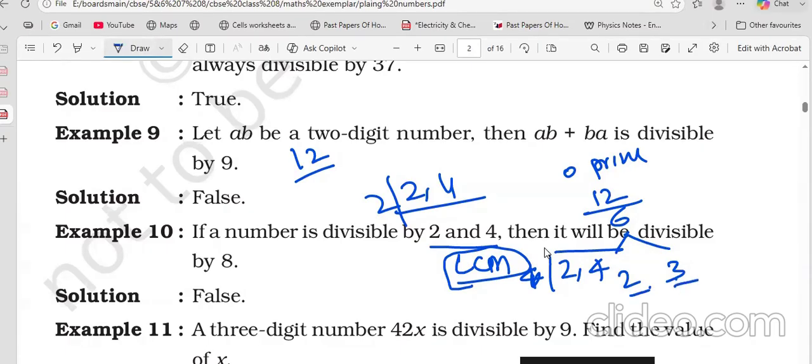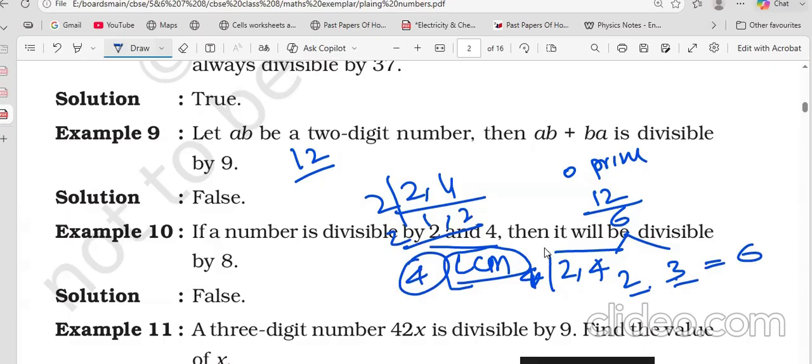But when we say x is divisible by 2 and 4, the LCM of 2 and 3 will be 6. The LCM of 2 and 4 is not 8, it is 4. So we say it is divisible by the LCM. That's what we can say. We can always say that if it is divisible by 2 and 4, it is divisible by the LCM.